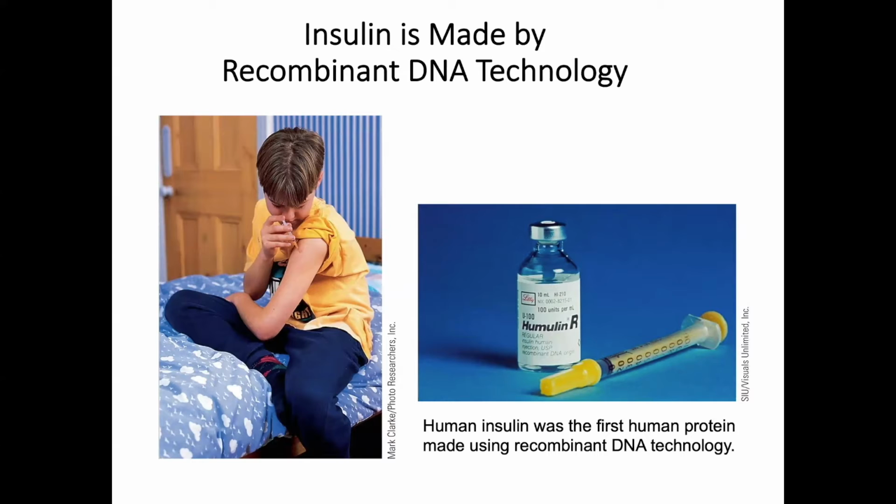Human insulin was the first human protein made using recombinant DNA technology. Currently, we still do not have a curable therapy for type 1 diabetes. So some patients with type 1 diabetes must inject themselves with insulin several times a day to control the blood sugar.